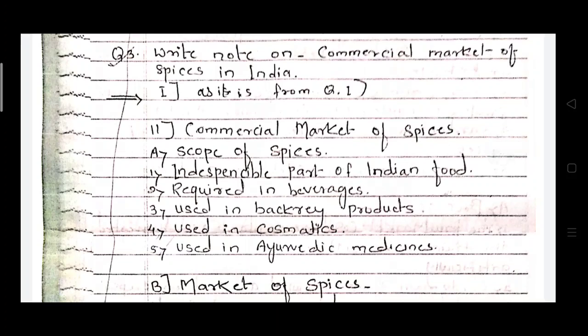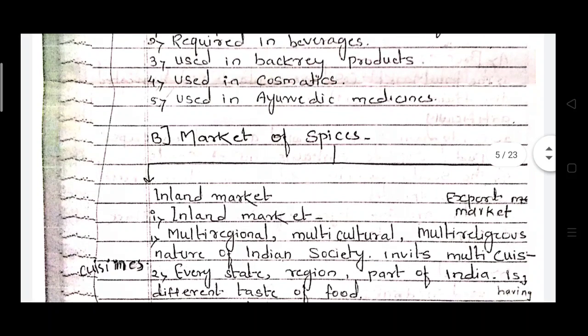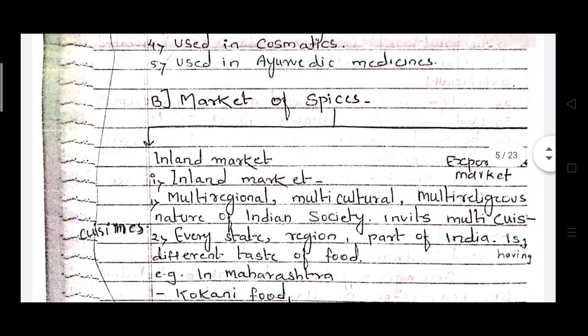They are required in beverages, and are also used in bakery products, cosmetics, and Ayurvedic medicines. Due to these different uses of spices, the commercial market of spices is getting very high values.